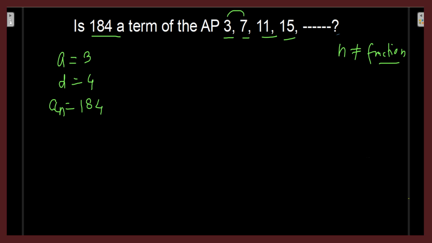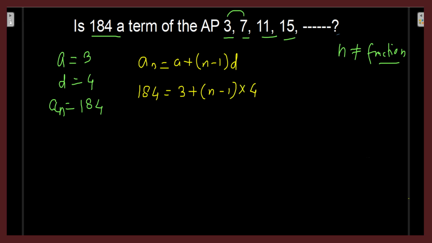Now here an is 184, but this an can be written as an is equal to a plus n minus 1, close the bracket, into d. So 184 is equal to a plus, put the values here directly. Now here a, we know the value of a, that is 3, plus n minus 1 because we have to find the value of n, and d is 4, so multiplied by 4.